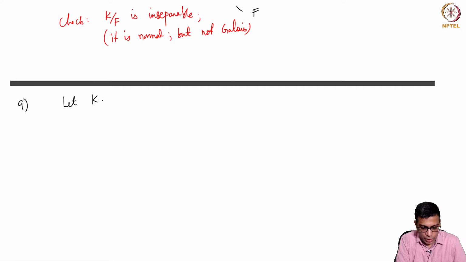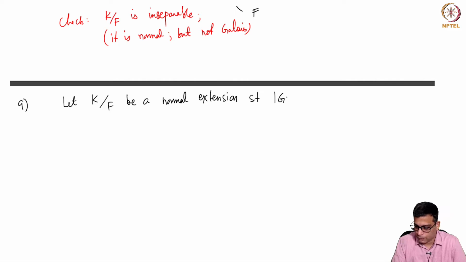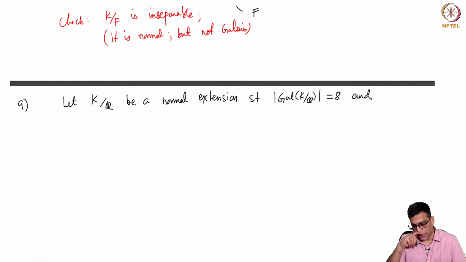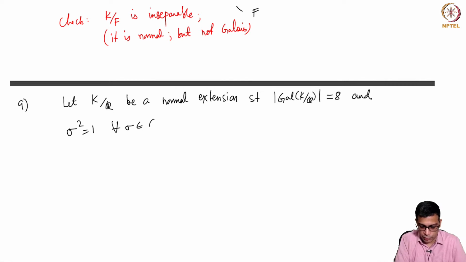Let K over, let's say, F be a normal extension, let's take characteristic 0. Let K over Q be a normal extension such that the order of the Galois group is 8, and the Galois group has the property that sigma squared is 1 for all sigma in the Galois group.